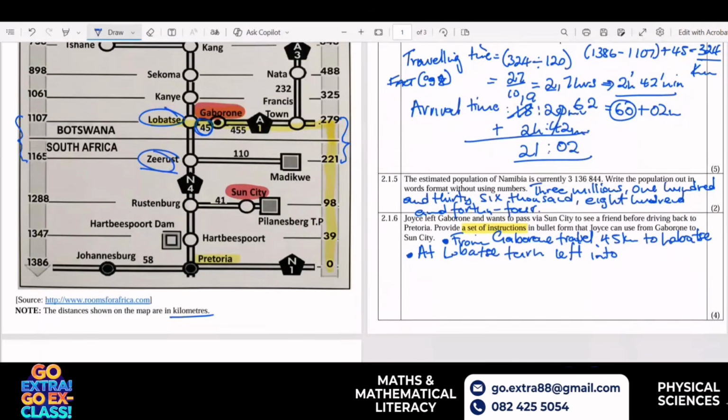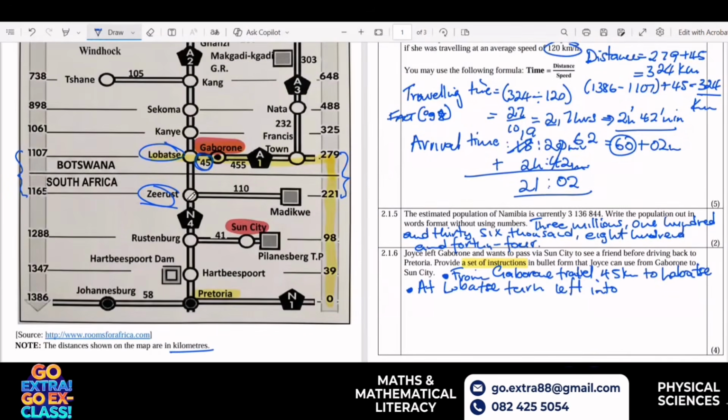You will remember this road. It is A2, which is also leading to N4. They will turn left into, if you say A2 or N4, I think it's more the same route, but it's just that it's gonna start from Botswana and then it end up in South Africa, and then when we come to South Africa, we say N4. And then that is the next point there, and the next point.